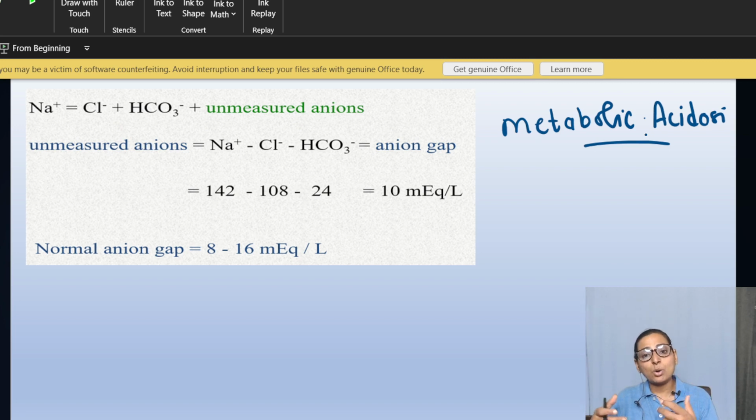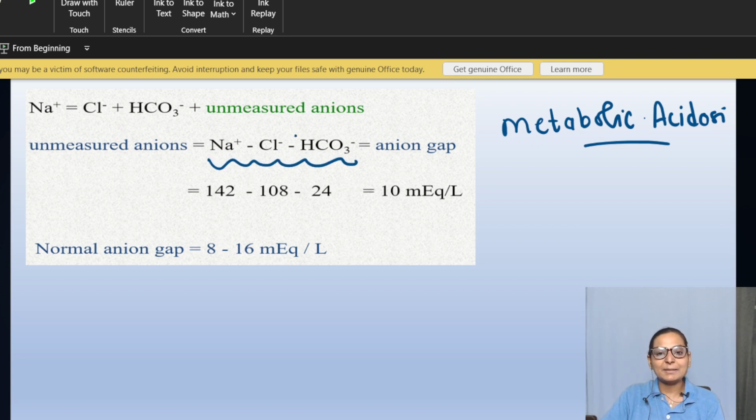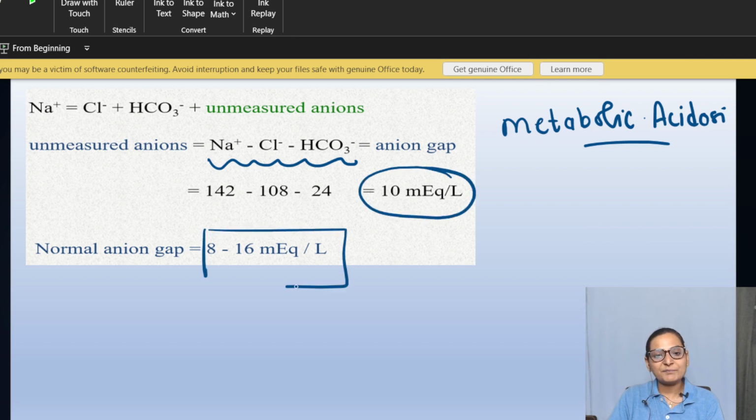But when we speak of unmeasured, we create a gap. That gap can be calculated using sodium, chloride and bicarbonate, and we get this in the normal range of 8 to 16 milliequivalents per liter. So what is this anion gap?